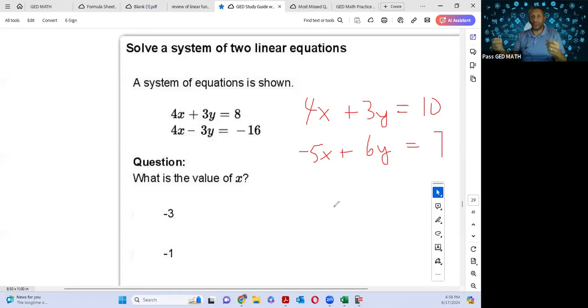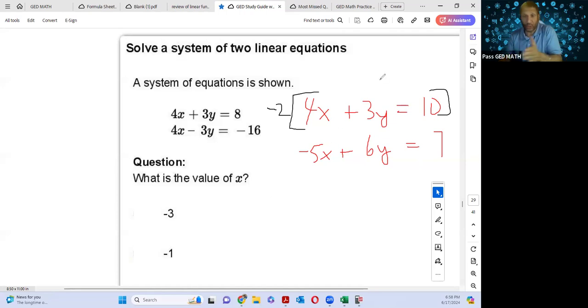Remember, you're trying to eliminate one of the variables. So -5 and 4, that looked difficult. I know 3 and 6. I can go from 3 to 6 easily. So what I'm going to do in this question is I need the opposite of +6, which is -6. So I'm going to multiply this top equation by -2.